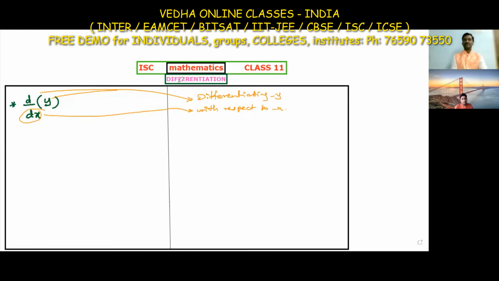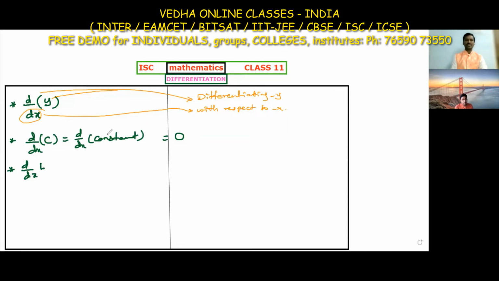Now, for example, take the formula d by dx of constant c, or we can also write it as d by dx of any constant number. d by dx of a constant equals 0.